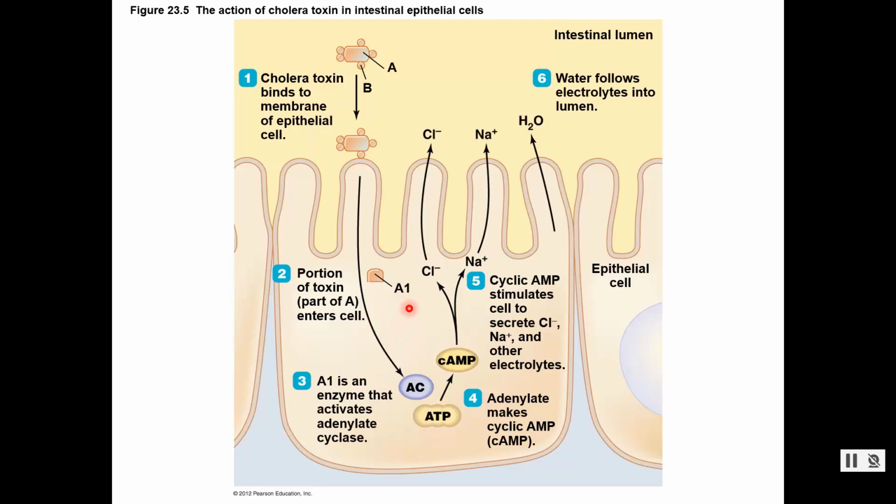The end result is that your epithelial cells start pumping electrolytes into the intestinal lumen. Salts, chloride, other electrolytes and solutes start being pumped into the intestinal lumen. They are leaving your epithelial cells and going into the intestinal lumen.